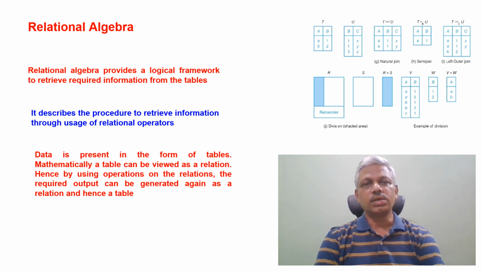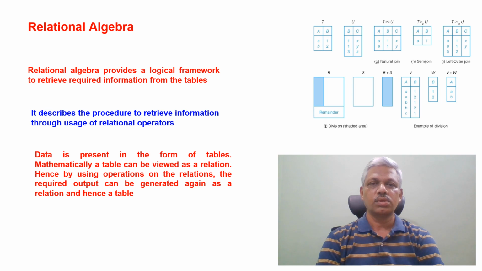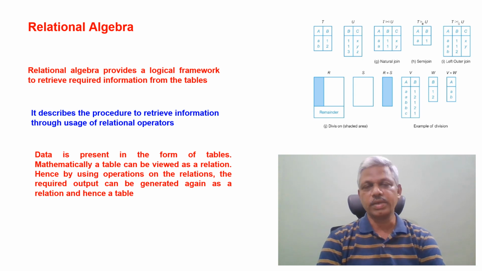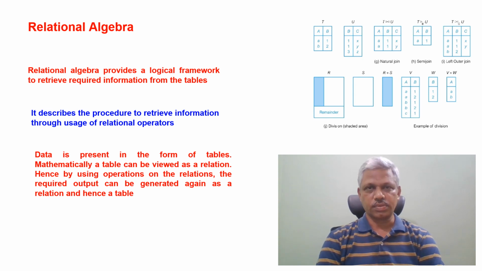To derive the answer or the required data from the tables, we need to have operations on the tables. Relational algebra provides such kind of operations which are dependent on the concept of relations in mathematics. By performing those operations in a specific combination, we should be able to produce the answer.